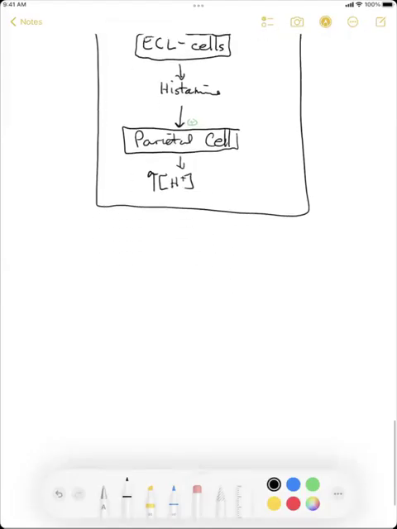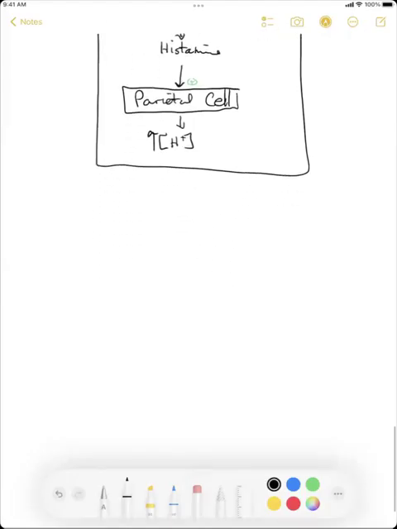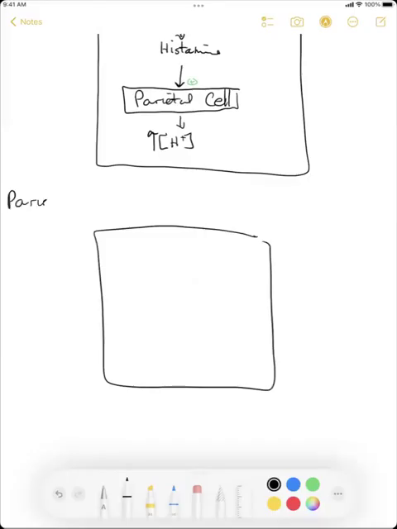So if we actually look at what a parietal cell kind of looks like with the receptors that it has and proteins that exist within its cell membrane, I'm going to draw this parietal cell like this. This is a parietal cell. And on the surface of the parietal cell is a receptor for histamine.